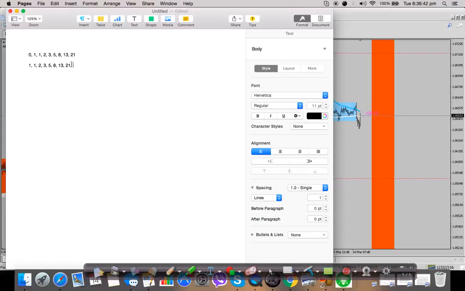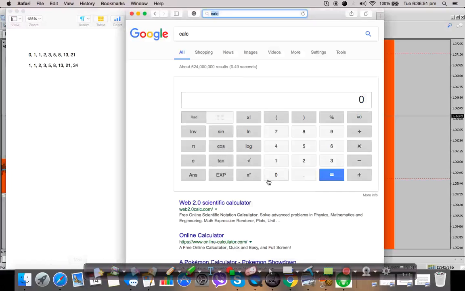So in this case, the next number within the sequence would have been 21 plus 13. That would have been 34, right? So if we got a calculator here, and we wanted to work out what ratio of this number is this number, we'll say, okay, 21 times 1.618 equals 33.978, right?